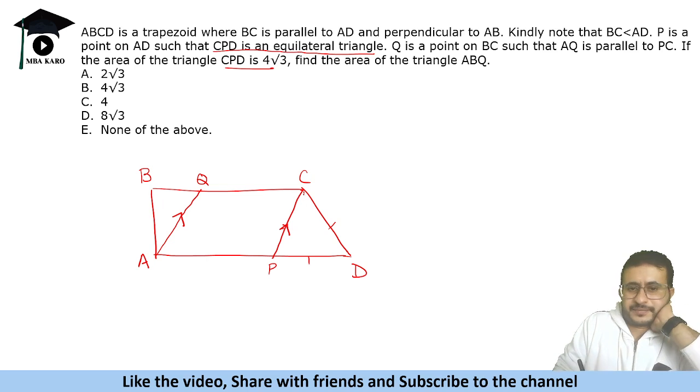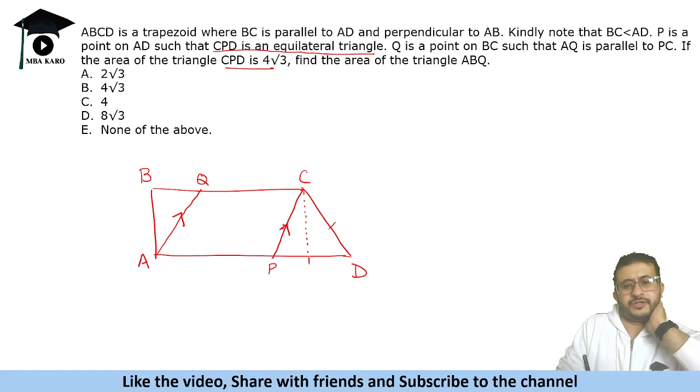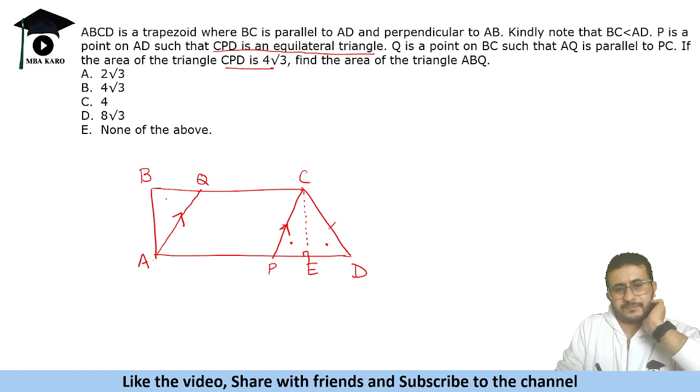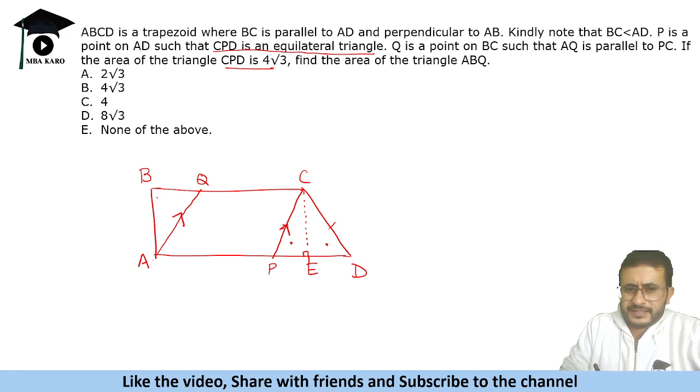Now let us do one thing. Let us divide it into two parts. So it's an equilateral triangle. If we draw the perpendicular, okay, so this is divided into two equal parts, right? Now observe this triangle BAQ and C. Let us call this point as E. Okay, this is a rectangle, so 90 degree fine. This side will be equal to this side. Okay, and this angle is 90 degree.